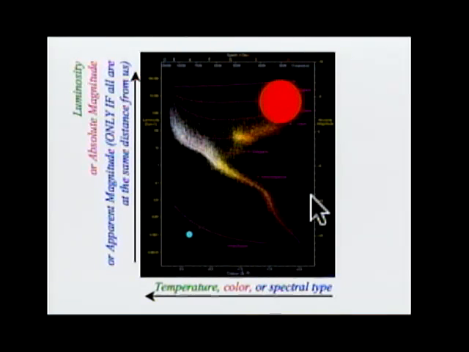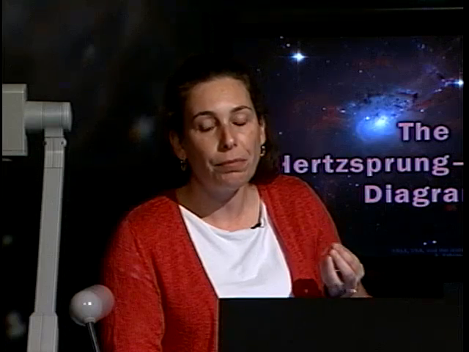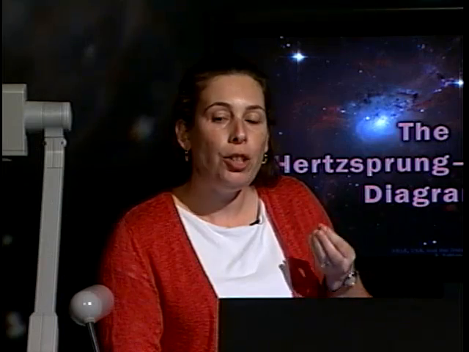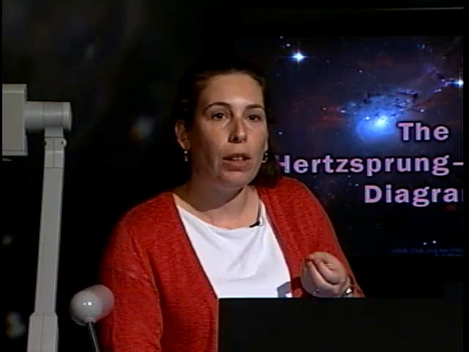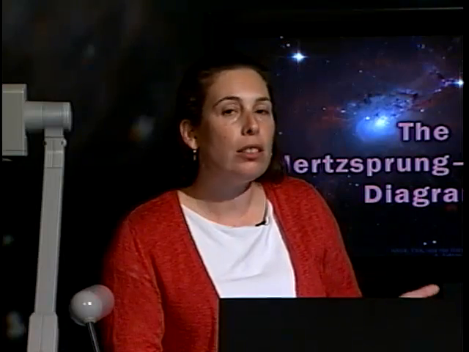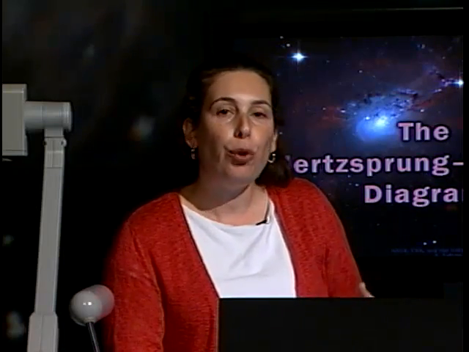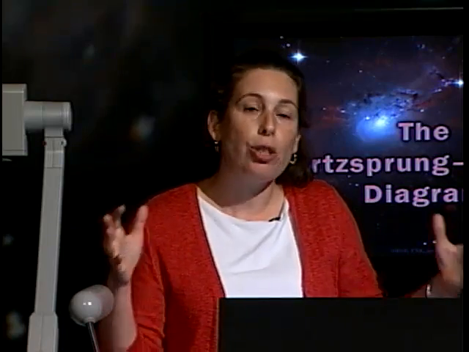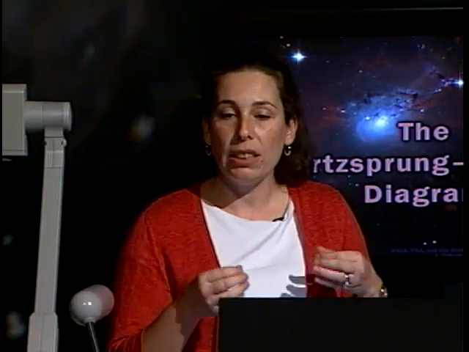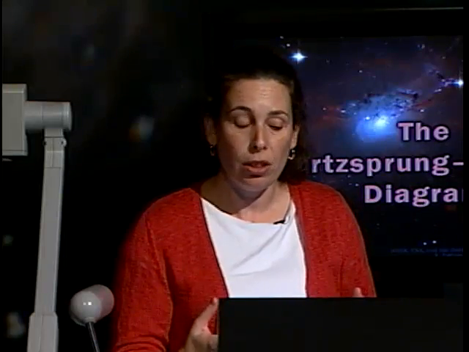Okay, one way that the HR diagram allows us to study things in astronomy is we can use it to measure ages of clusters. So stellar clusters, open clusters or globular clusters, are formed when a big cloud of gas collapses and forms many stars. So all of the stars in a cluster have the same age.